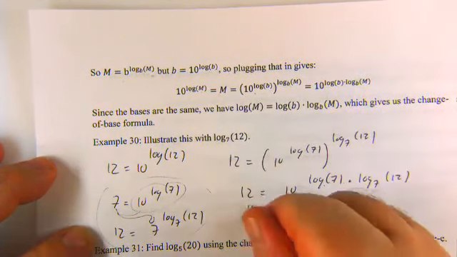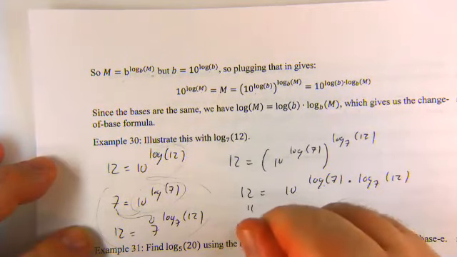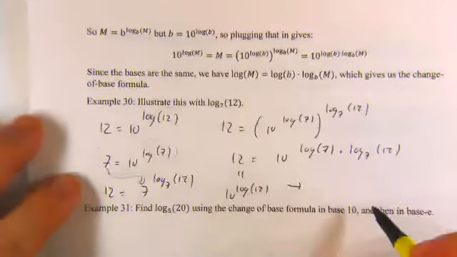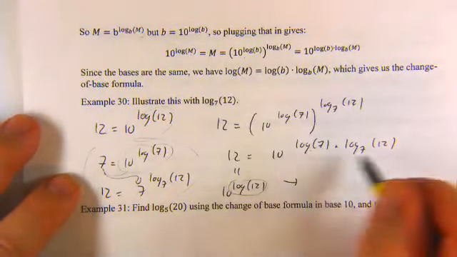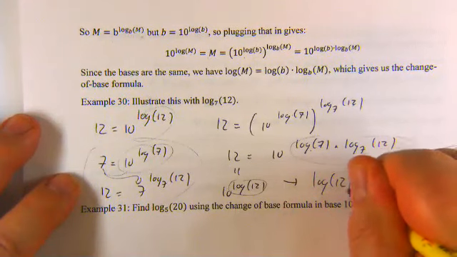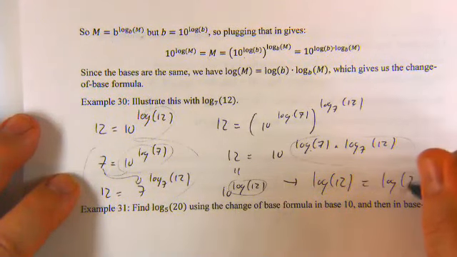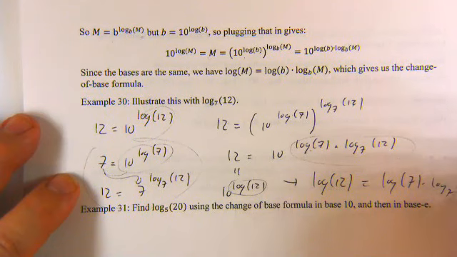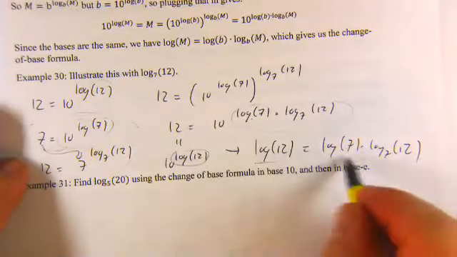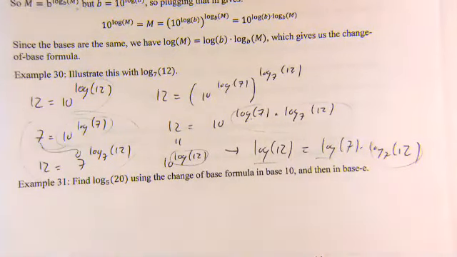But what's 12 equal to? 10 to the log base 10 of 12. So what's the upshot? This thing has to be equal to those two. Great. My calculator can calculate this and that, so that means I can calculate this.